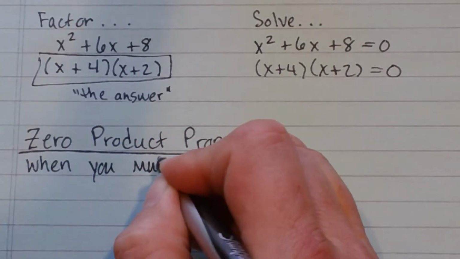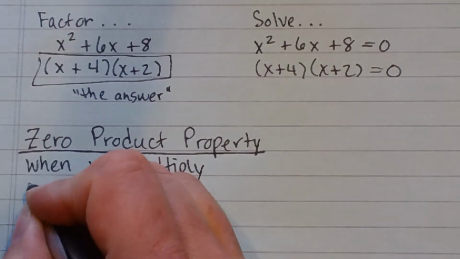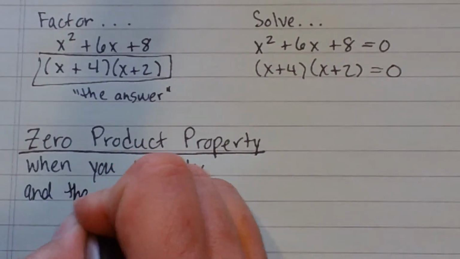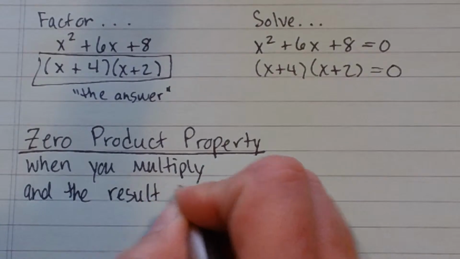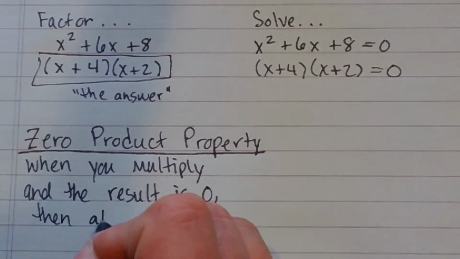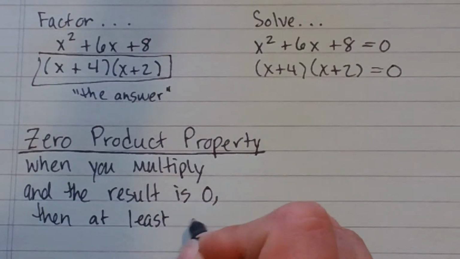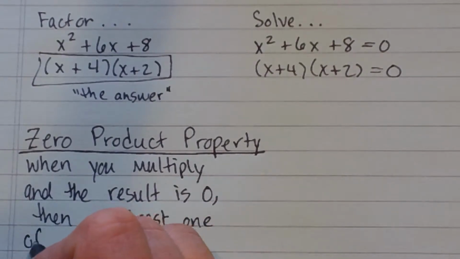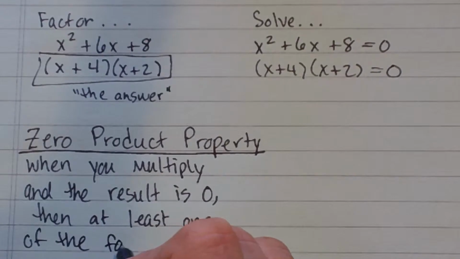When you multiply and the result is 0, then at least one of the factors has to be equal to 0.